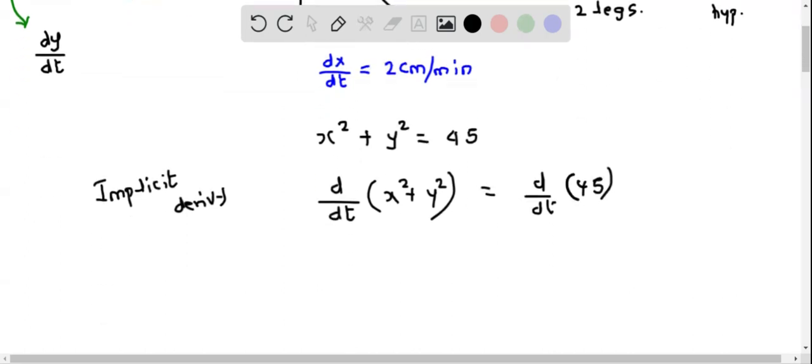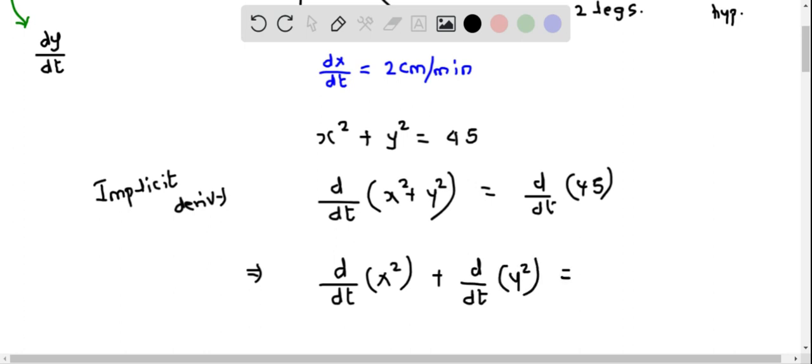Now we can use the sum rule: d by dt of x squared plus d by dt of y squared equals the derivative of a constant, 45, which is 0. So I put 0 over here.